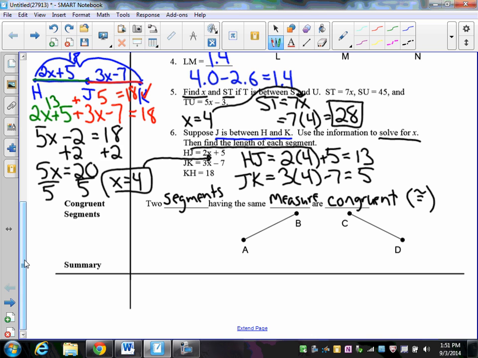It's an equal sign with a tilde above it. On the measures, we put little tick marks. The tick marks mean it's the same. So I would write segment AB is congruent to segment CD. We'll have some practice on this, and hopefully it'll all make sense. These are the basic building blocks that you're going to need for geometry.